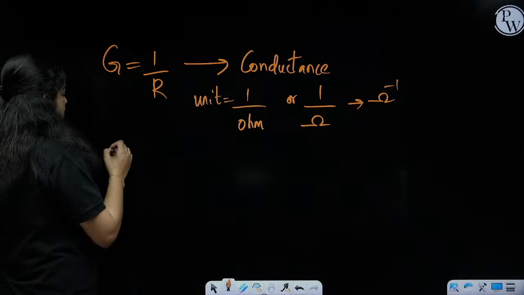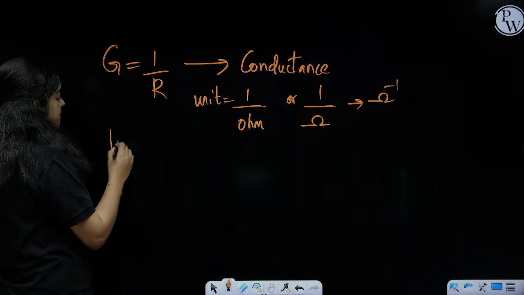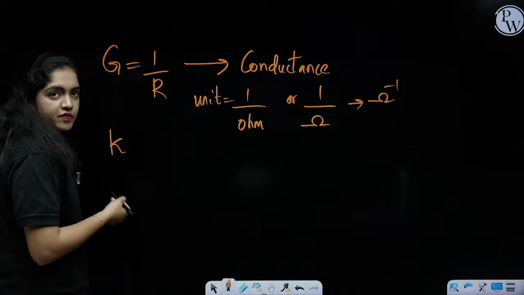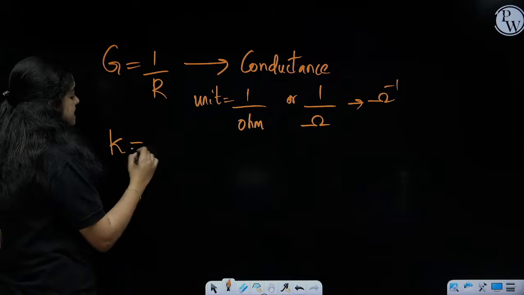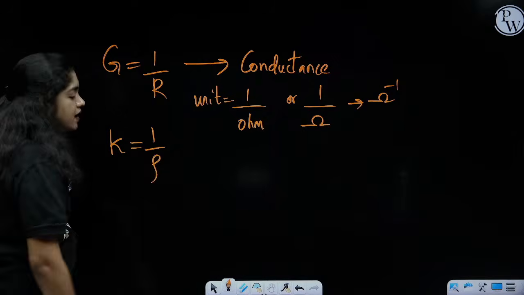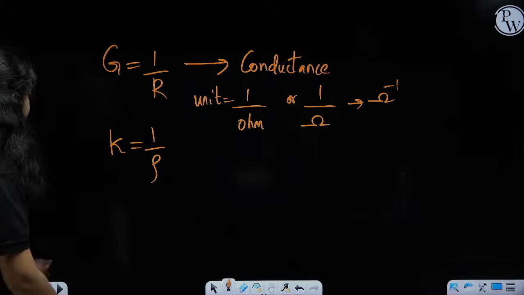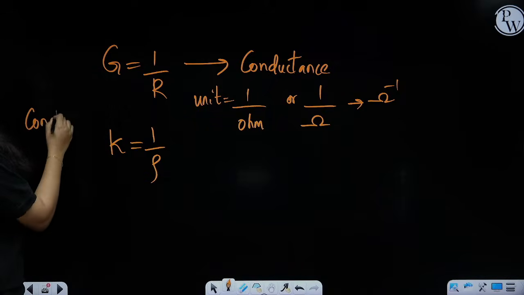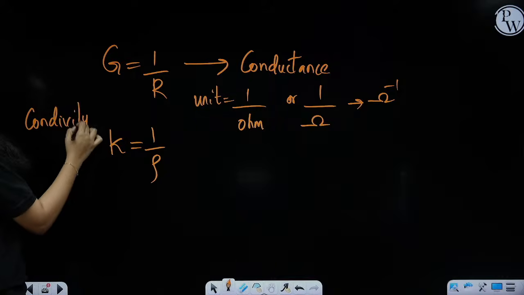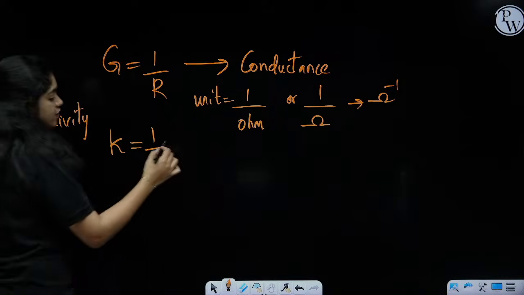Okay, now we are going to learn about conductivity. Conductivity is represented by the letter K, kappa, and it is the reciprocal of resistivity, 1 by rho. Kappa is equal to 1 by rho. And we know the equation for rho, right?